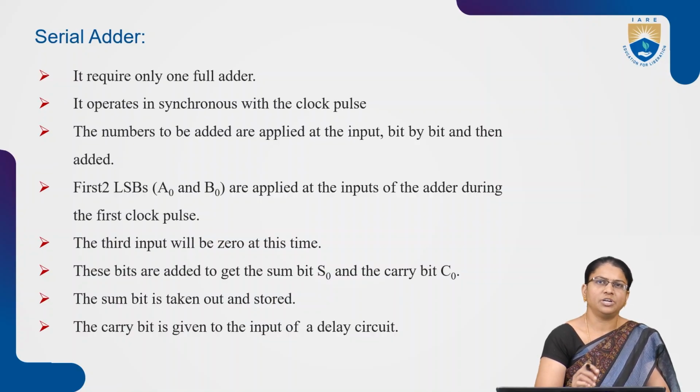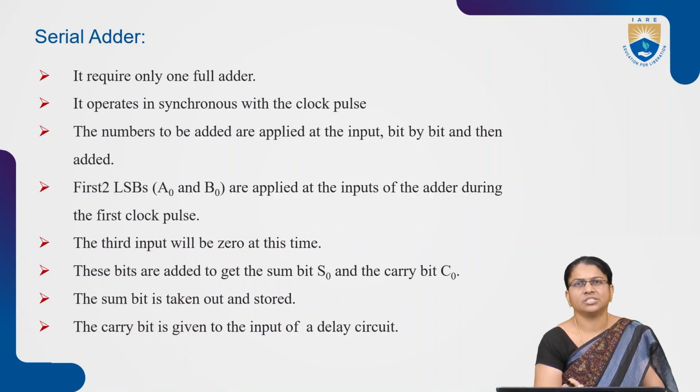For the first bits, say AB as 10 or 11, what output is generated if the clock pulse is 0, and what happens if the clock pulse is 1? If the clock pulse is 0, no output is generated. When the clock pulse is 1, only then will the circuit be in the operating mode.